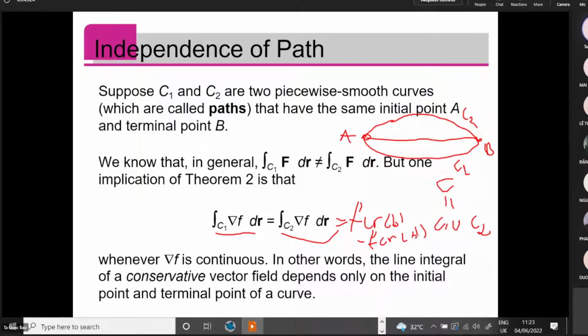When t equals a, we get the initial point A, and when t equals b, we get the terminal point B. Therefore, our integrals on C1 and C2 are the same. Remember this especially. In general, we don't have the equality here. All right.